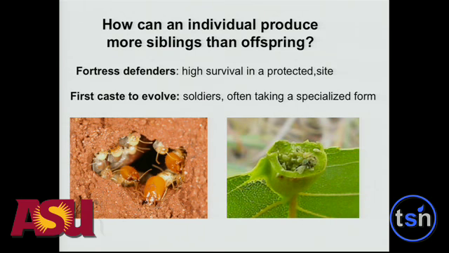And this is an explanation we think is general for things that live inside their food: termites, galling aphids, thrips, the naked mole rats, social shrimp that live in sponges. We think this is quite common for these. And the first caste to evolve in this case is soldiers, which often develop ways of defending: horns, jaws, claws, things like that.